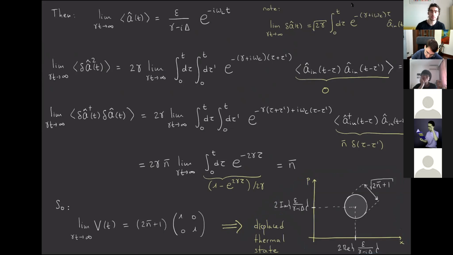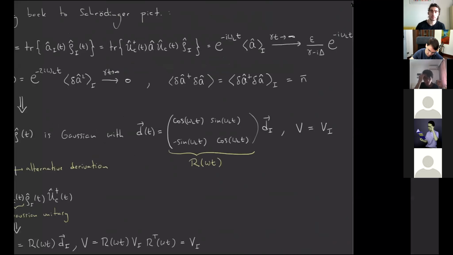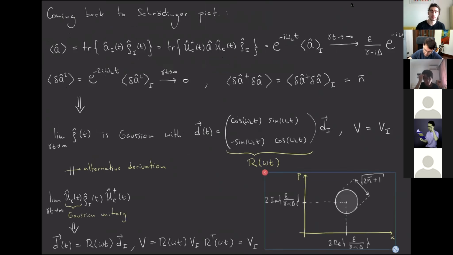This is something that we already saw in the Heisenberg picture. So in the rotating picture, we have a state that has an uncertainty.